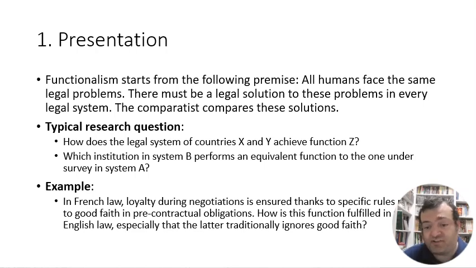So the object of the study of the comparative researcher is to find out why there are different solutions. First he is going to identify the problem, then identify the applicable rules, and then think about the difference and why these rules are different.